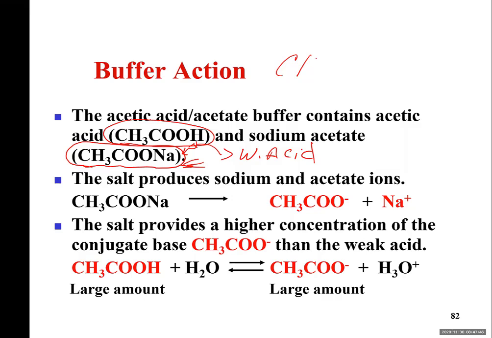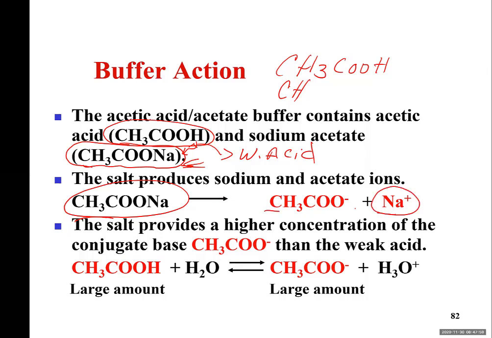Let me write it here for you. Can I say CH3COOH? And if I dissolve this in water, it's going to break down to H+ and CH3COO minus. So can I say CH3COO minus is the conjugate base of this acid.